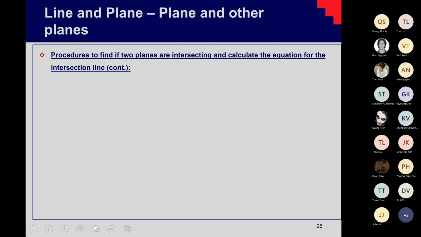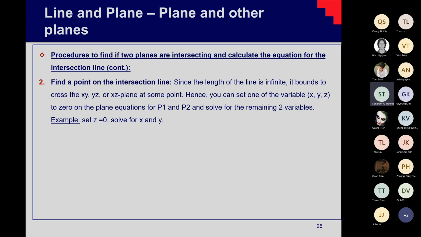Next, we can find a point on the intersection line. Because the length of the line is infinite, it is bound to cross the xy, yz, or zx plane at some point if we extend it enough.